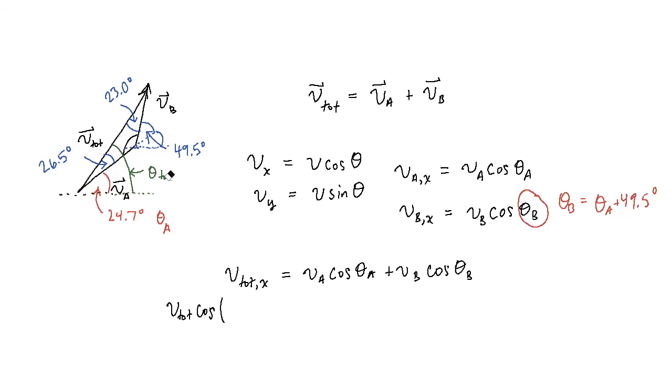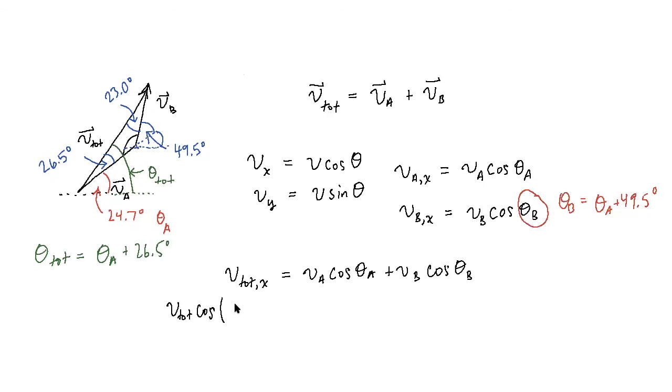So theta total is equal to theta A plus 26.5 degrees.